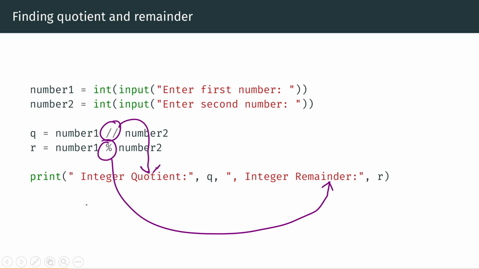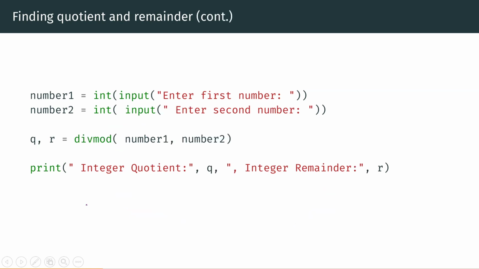Now there is another way of doing this, and that is using the built-in divmod method, division modulo. The divmod is a function that returns two values.